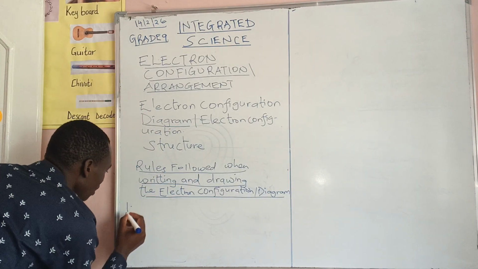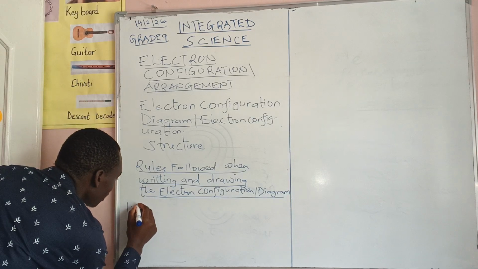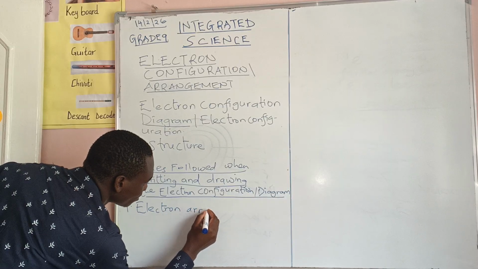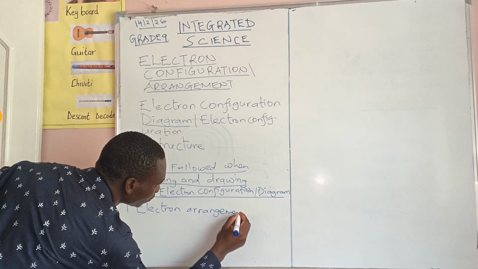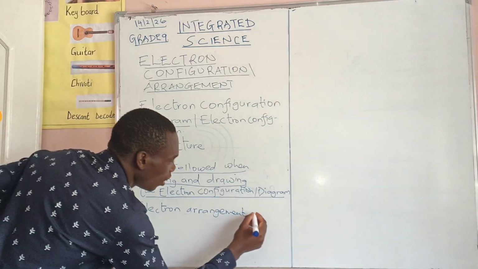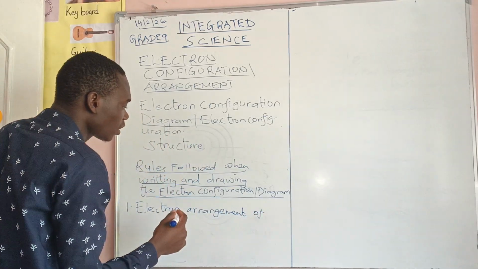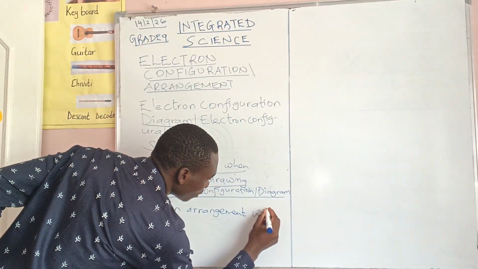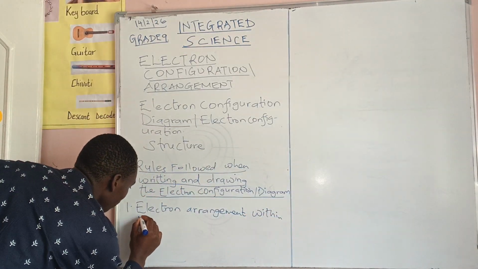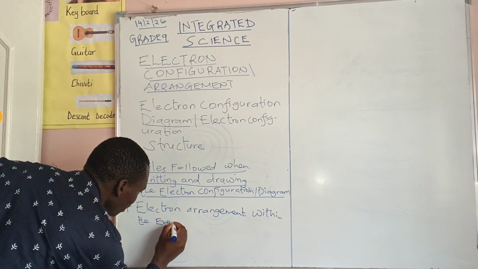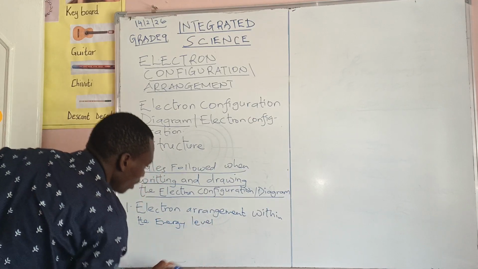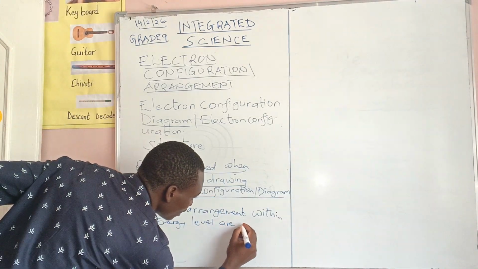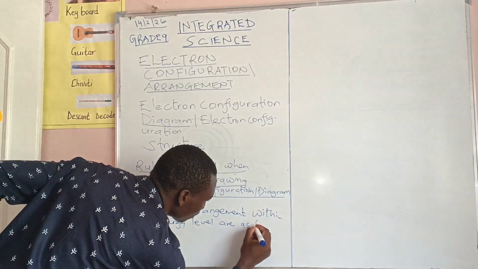And number one rule, we know that electron distribution or electron arrangement within the energy level is as follows.